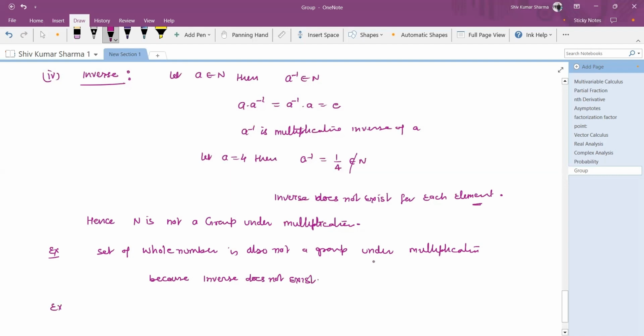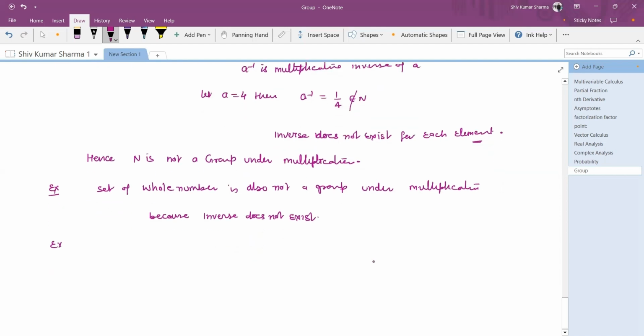Another example, the set of integers is also not a group.